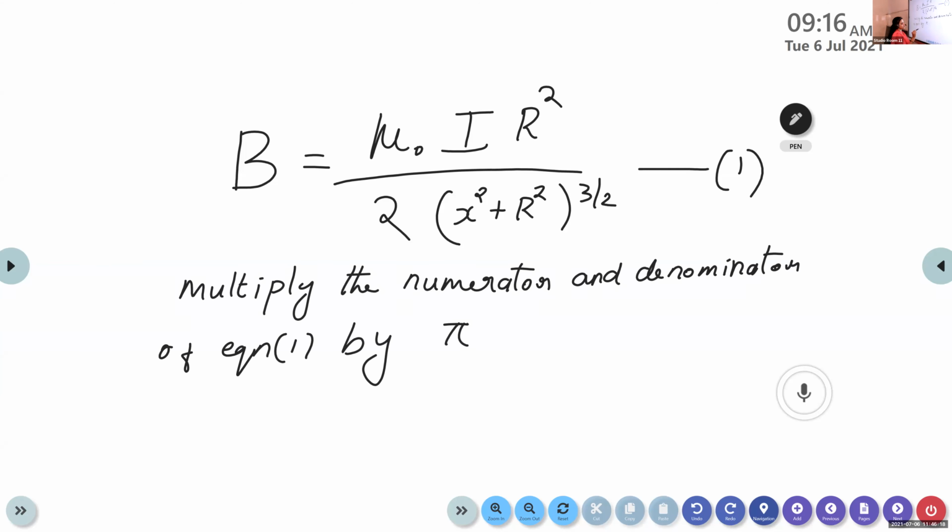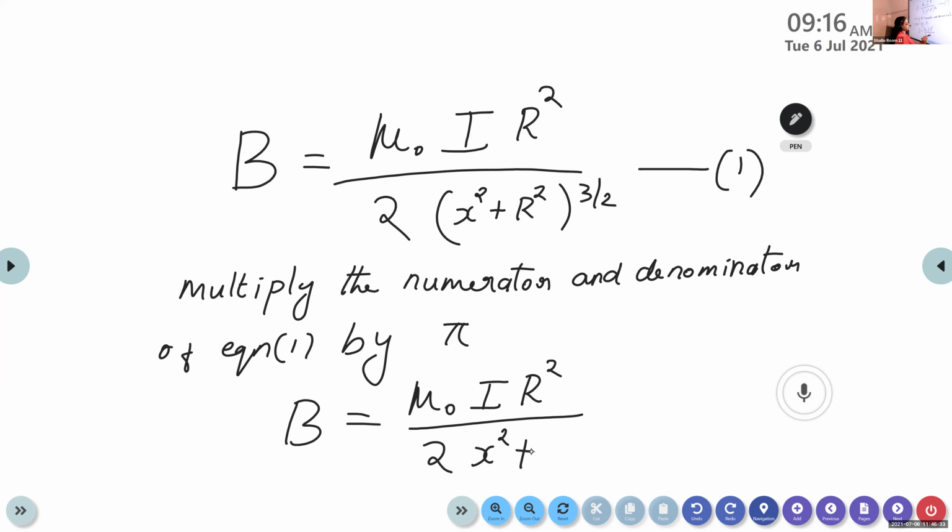Then our equation becomes B is equal to mu 0 I r square divided by 2 into x square plus r square, the whole raised to 3 by 2, into pi divided by pi. In effect, it will be cancelled. That is why we are multiplying with pi in the numerator and the denominator.